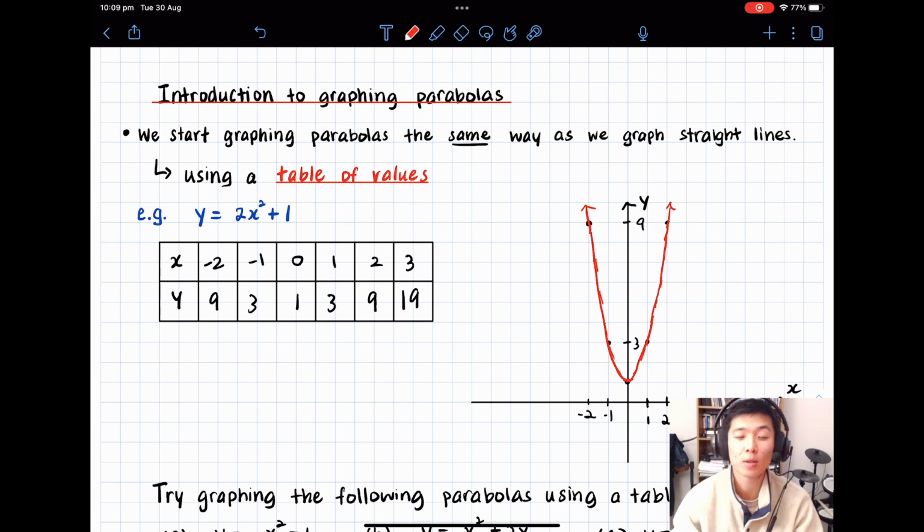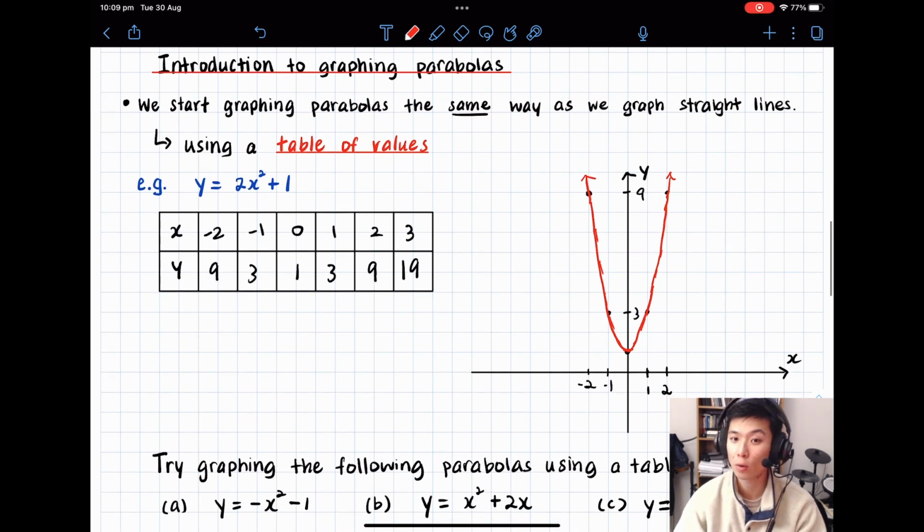Now, we're not always going to draw a table of values. In the coming lessons, we're going to look at how we can draw parabolas quickly without using a table of values, using some neat tricks. But for today, I want you to practice drawing a parabola using a table of values, because this will always be your go-to backup plan if you forget the neat tricks that I'll teach you in the future.